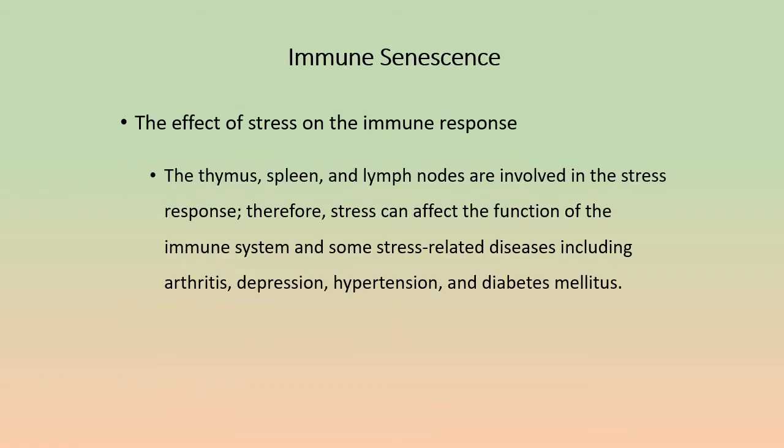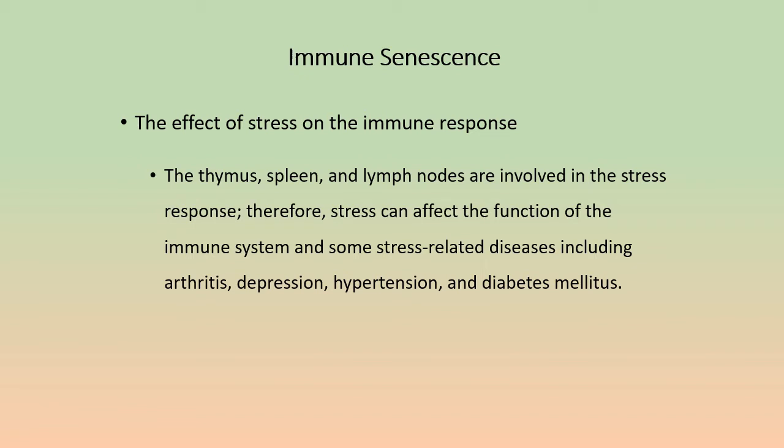Okay. Again, we have talked about the effect of stress on the immune response. The stressors to the body are psychological stress and physiological stress. Medication is considered a stressor to the body because it has some toxins, in addition to different foods and different changes in the body.